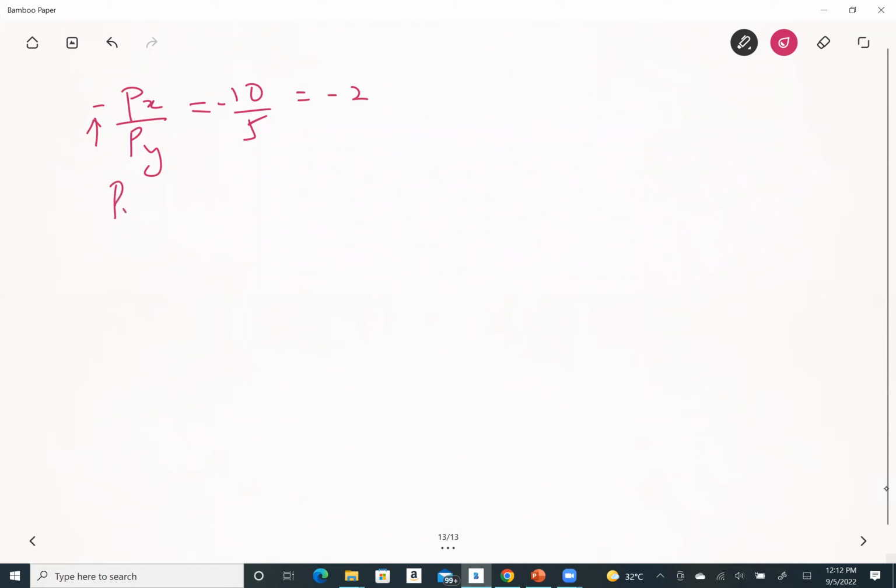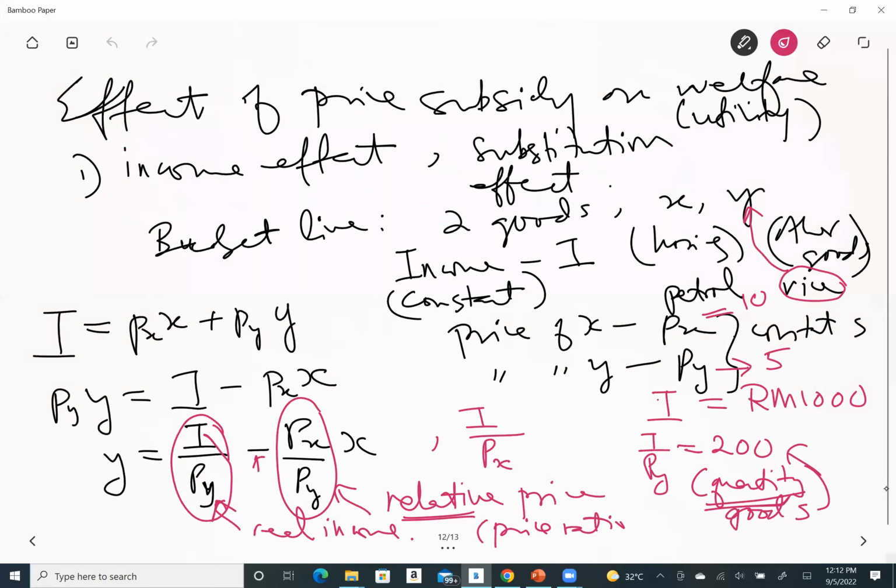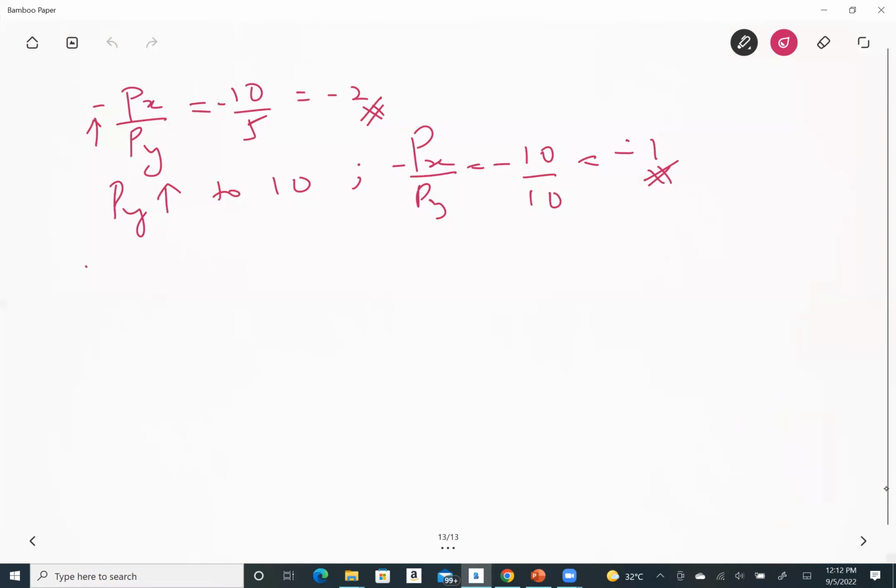Suppose the price of Y goes up. Now, what is the price ratio, the relative price? It becomes negative 10 over 10, that is negative 1. So you see here, the price ratio will be different. What is the significance of this? The real income, I over PY or I over PX, is what we call the income effect, that is, the effect on our income, in terms of the budget line.